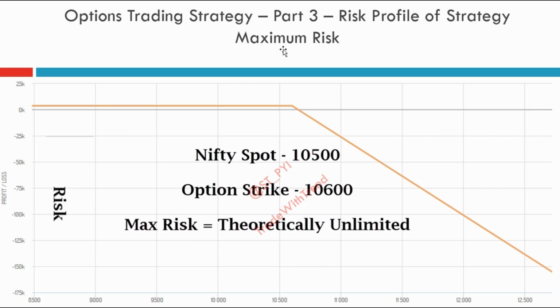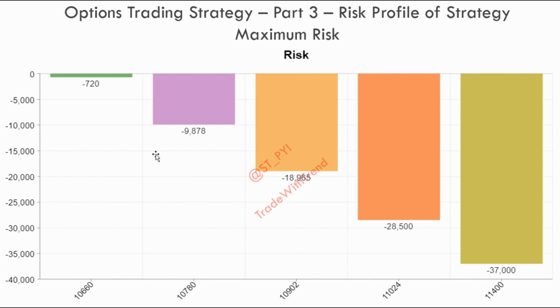Now the maximum risk for this strategy, theoretically, is unlimited. The unlimited part is actually not true unless you have some seriously negative event that happens in the market. But let me just show you the realistic risk that you carry while writing the option. The net premium that we received for one lot was 3,750.